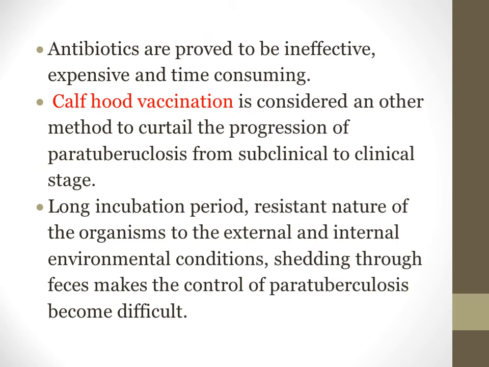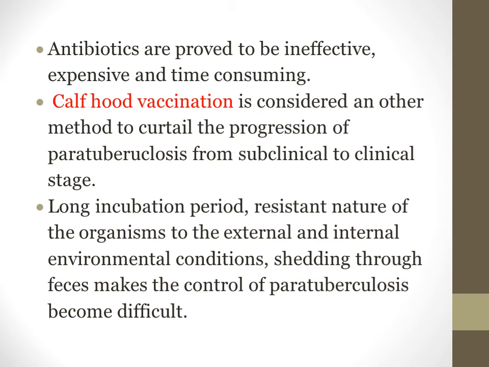As we have already seen, antibiotic injections are proved to be ineffective, very expensive, and time consuming also. Calf vaccination is considered another method of curtailing the progression of paratuberculosis from subclinical to clinical stage because the calf gets the infection early.